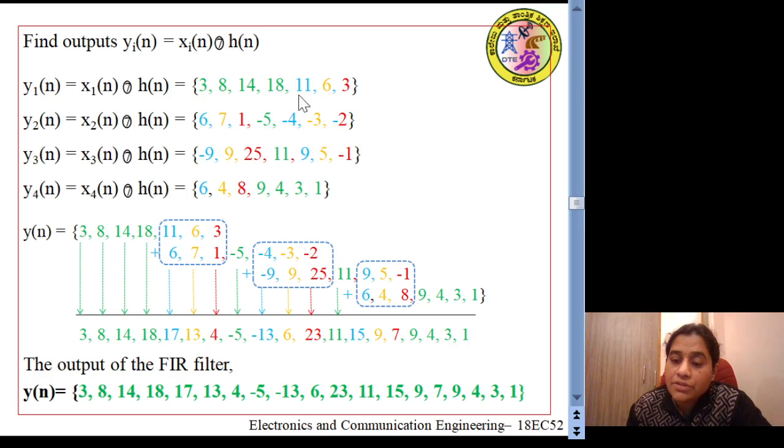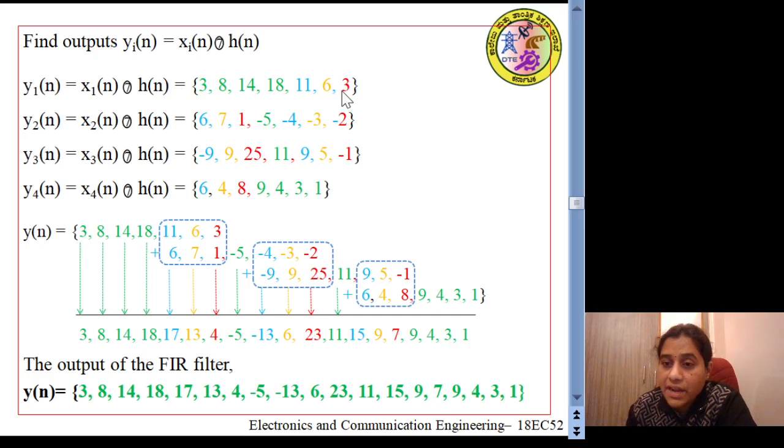Cyan color values are added with the next cyan color. Saffron colored samples are added with the next saffron color sample. Similarly, red colored samples are added with the next red color sample. See, the first green samples 3, 8, 14, 18 we keep as they are. L minus 1 samples, M minus 1 samples.